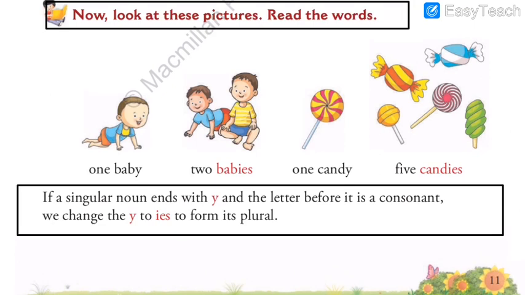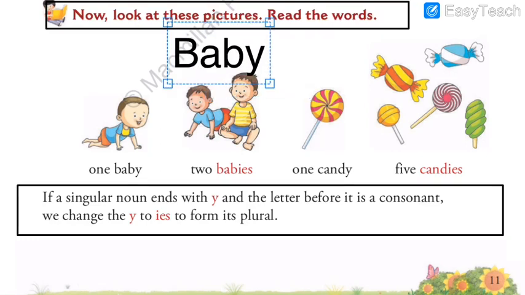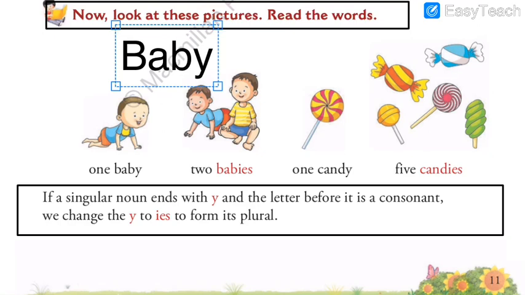So I have to write with big handwriting for you. I hope now this is very much visible to you. See, it is said that if the noun ends with Y, yes, this word ends with Y only. And what is the other condition? Letter before it is a consonant. So letter before Y is consonant. Yes, B is consonant, students.